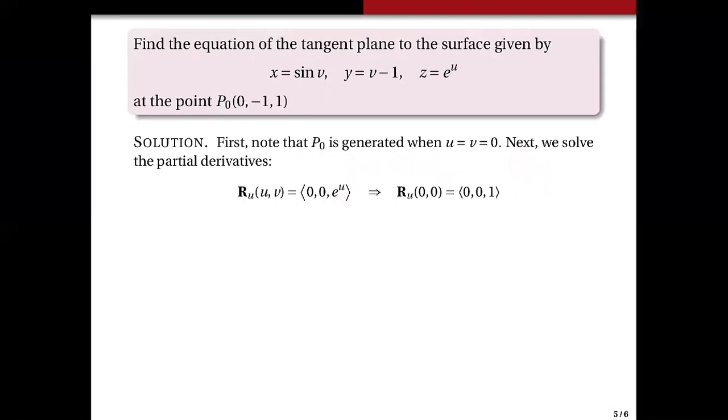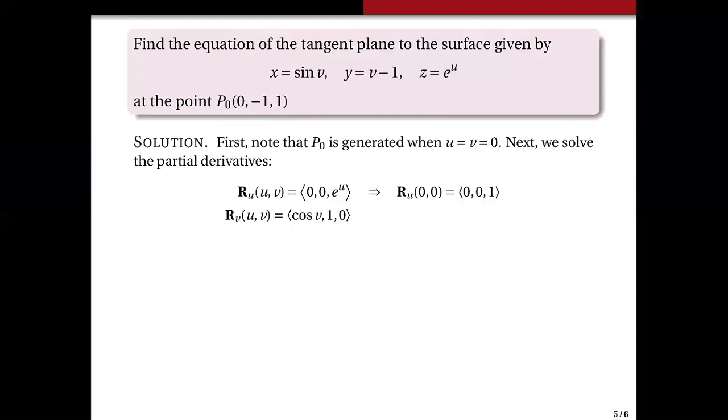So if we evaluate at the point u equals v equals 0, you'll just have the vector 0, 0, 1 for the partial derivative with respect to u. And then for r sub v, you will have cosine v, comma 1, comma 0.